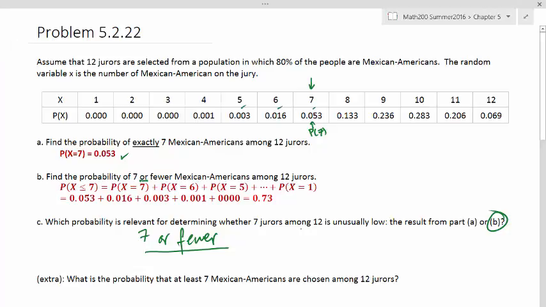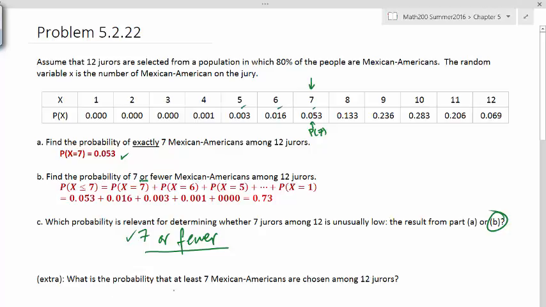What you can say is that 7 or fewer is 73%, so it doesn't look like it's unusually low. So we would be looking at part B.